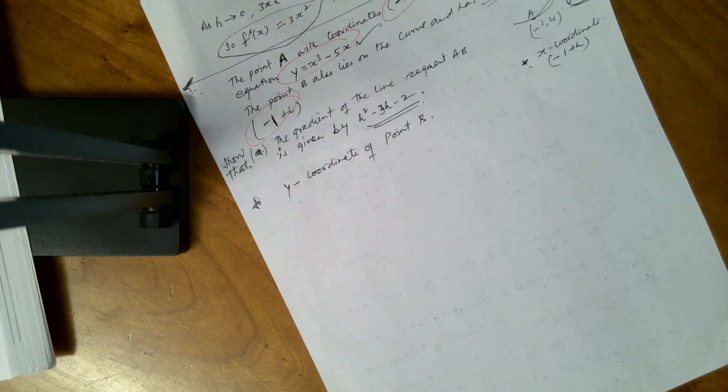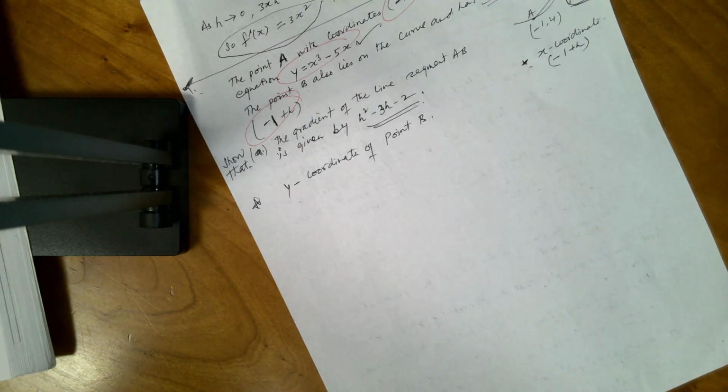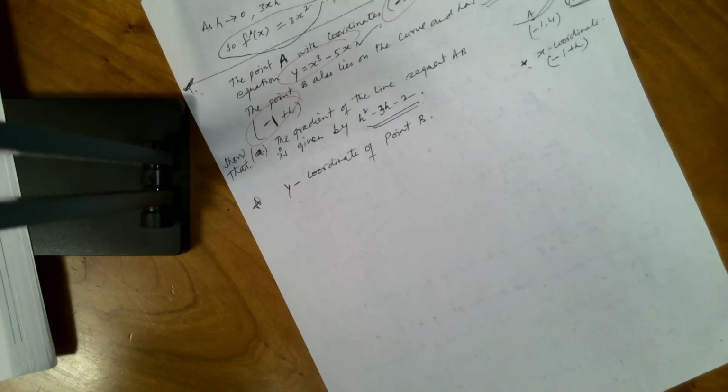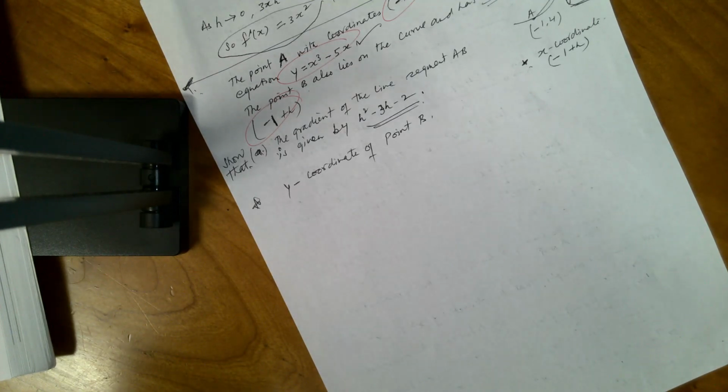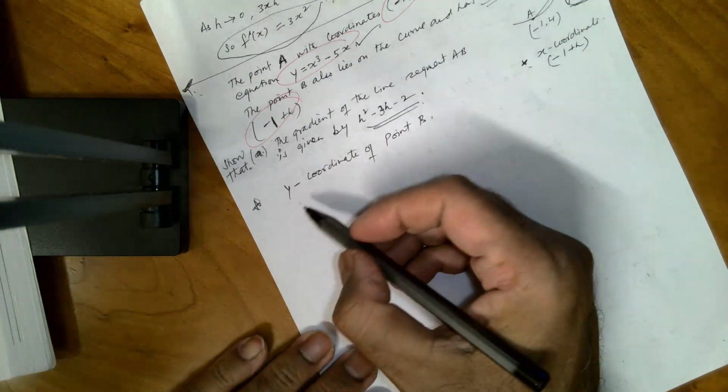Once we know the coordinates A and B, you know what to do. Then we go straight to our first principles, the definition of the derivative, and solve that. All right, let's do this one then.